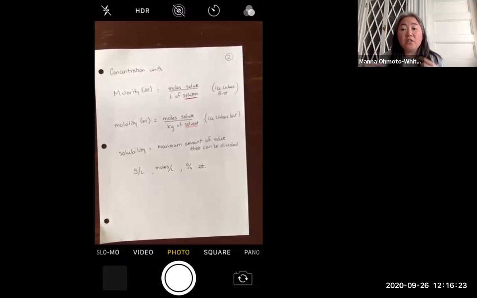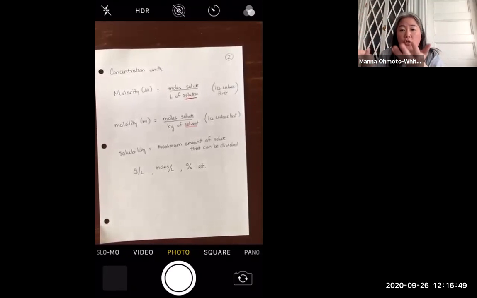A molal solution would be different. In a molal solution, a 3 molal solution, I would fill the volumetric flask up to the 1 liter mark, and then add 3 moles of my solute in, and shake. For an 18 molal solution, I'd fill the volumetric flask up to the 1 liter mark, add 18 moles of my solute, and shake.